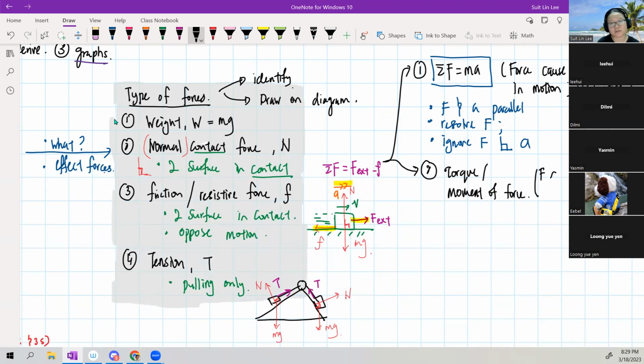But here, force can cause rotation. So there could be a net torque. To find torque, we use the equation force times perpendicular distance. This thing is a vector.